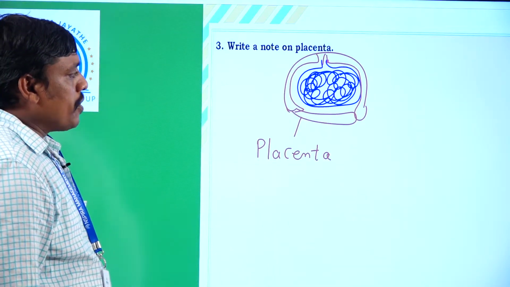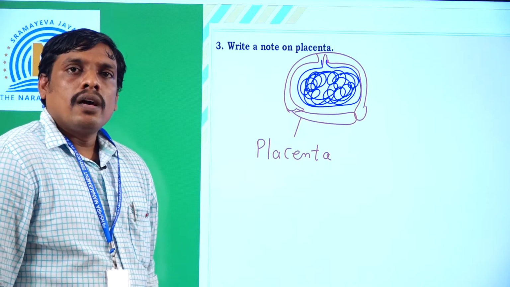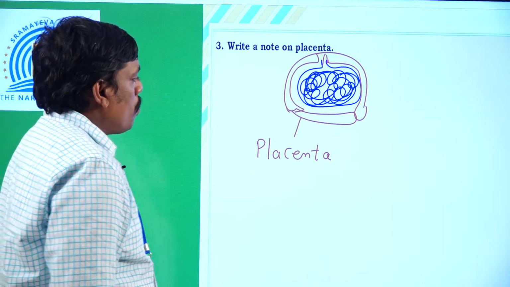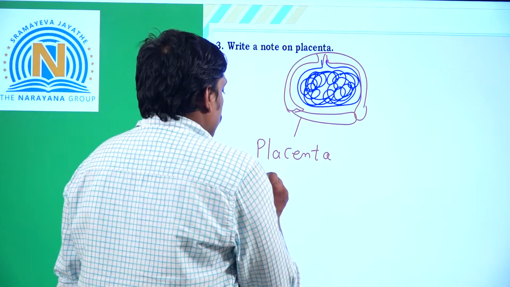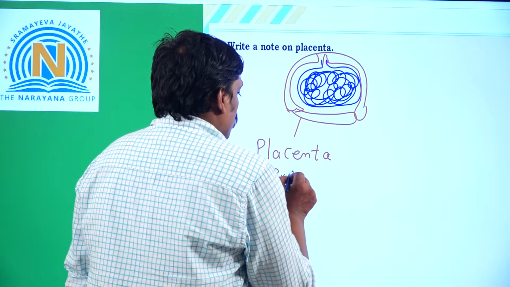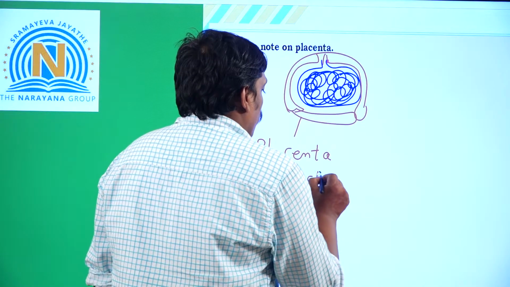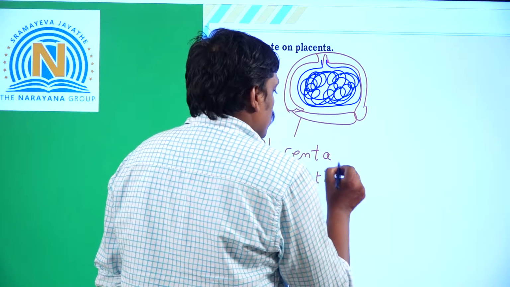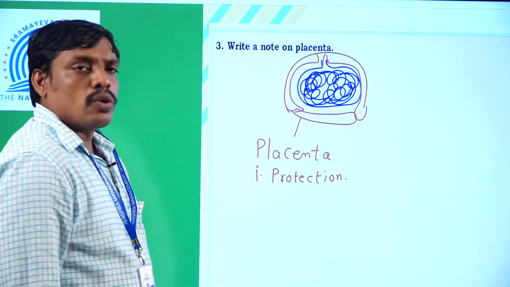What is the significance of this placenta? The first function of the placenta is that it gives protection to the growing baby from external shocks and injuries. The placenta also provides nutrients and oxygen to the growing baby.